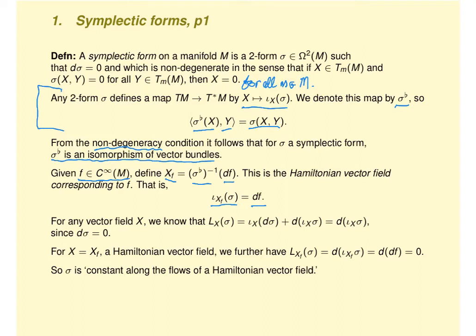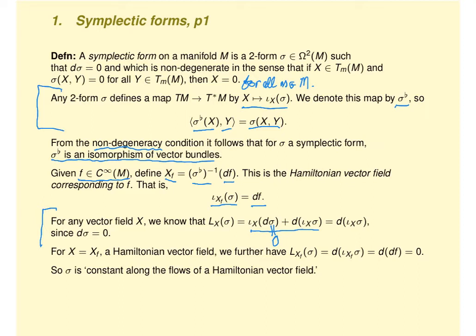So now go back to the Cartan equation and use an arbitrary vector field x. Then the Lie derivative with respect to x of sigma is given by the usual formula, and of course d sigma is zero by assumption, so that term drops out, and we've just got d of iota x sigma.